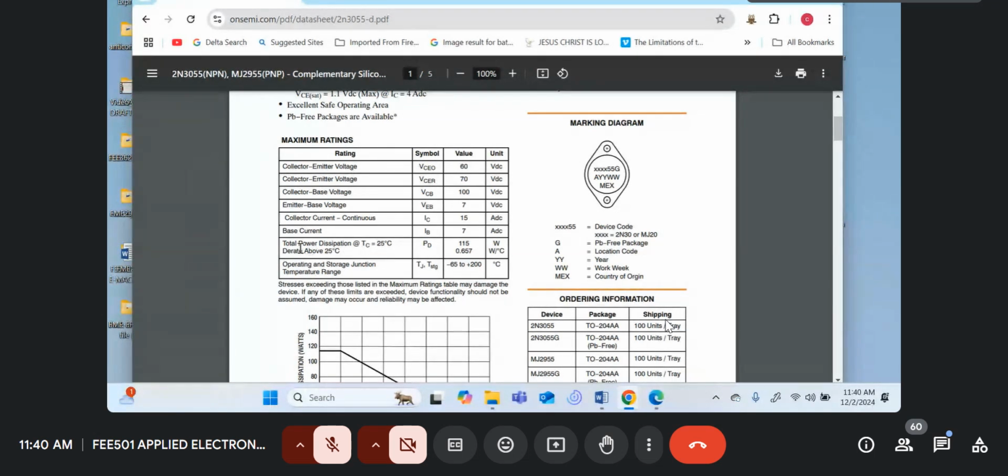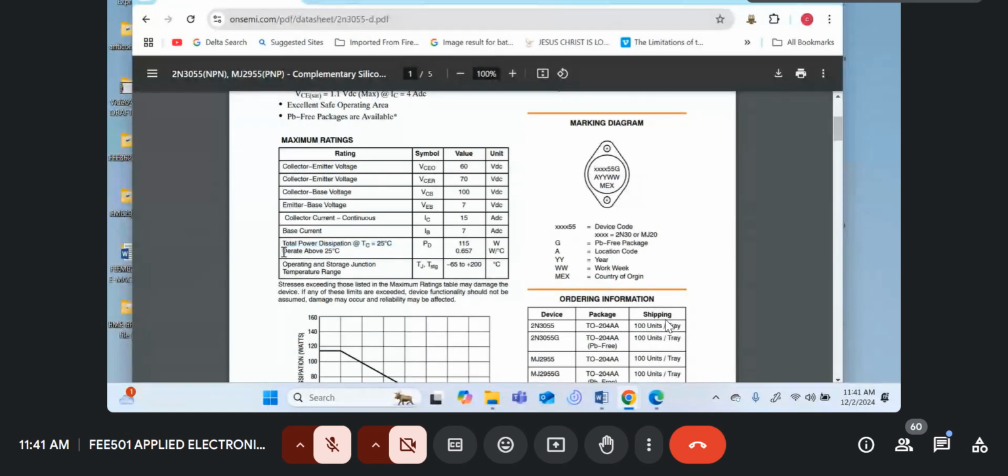Can you see this? The total power dissipation at 25 degrees centigrade. So this transistor is rated at 115 watts at 25 degrees centigrade. So if you can maintain that temperature of 25 degrees centigrade, then you're allowed to dissipate this power through the transistor.